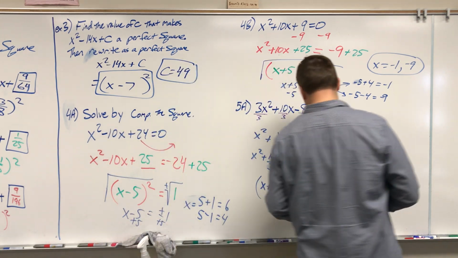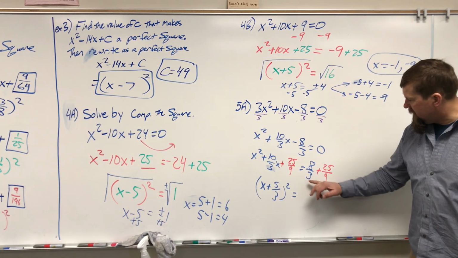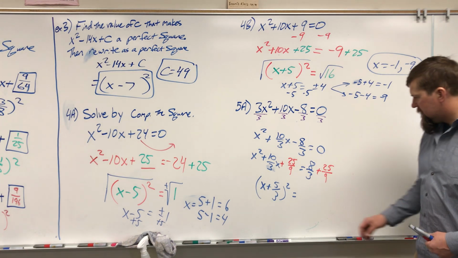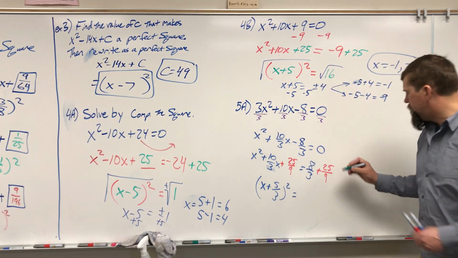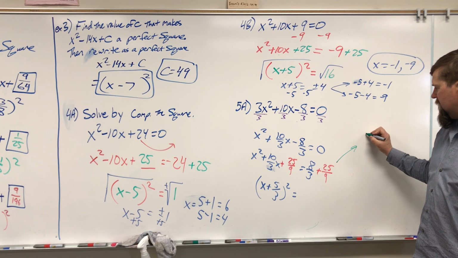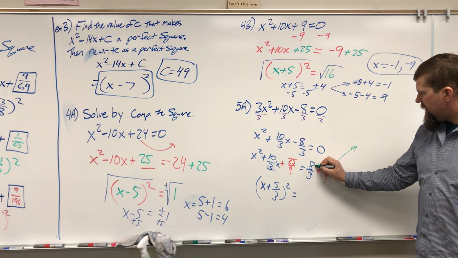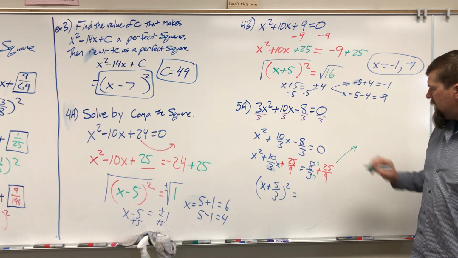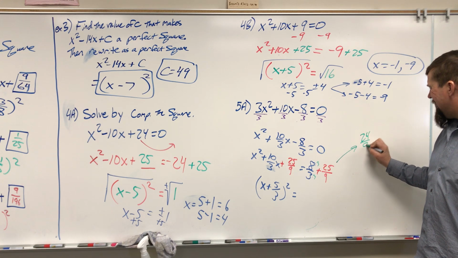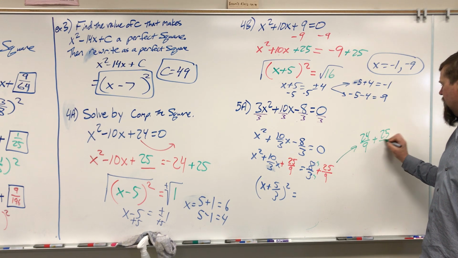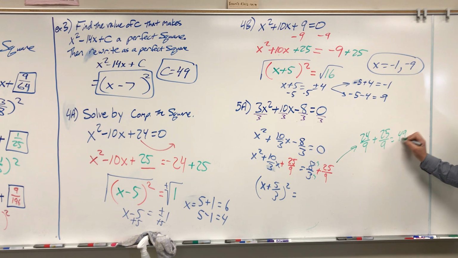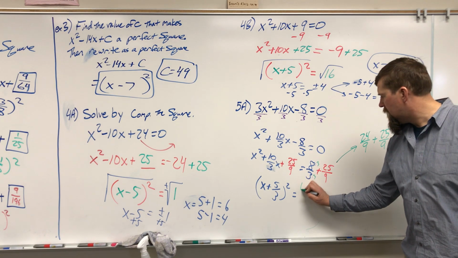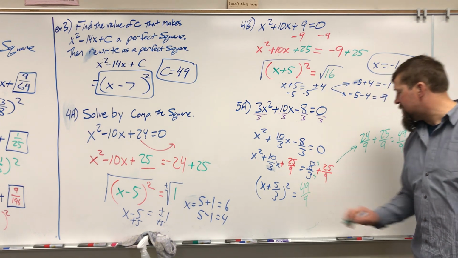Now, before I write the answer, or this side, I'm going to go ahead and add those. So I'm going to do a little bit of side work here. So the side work is going to be 8/3. If I multiply both top and bottom by 3, I get 24/9 plus 25/9 is 49/9. So this side is 49/9.